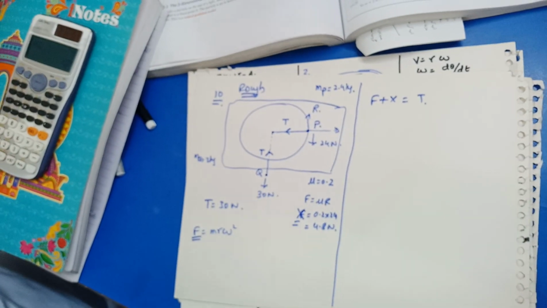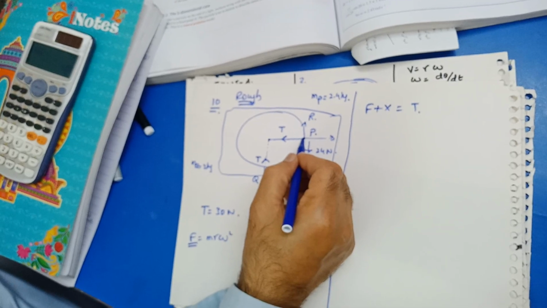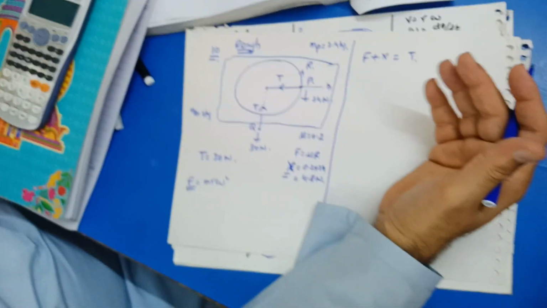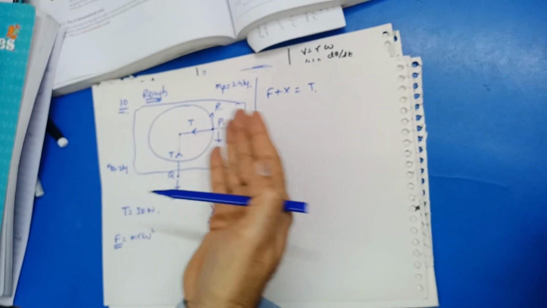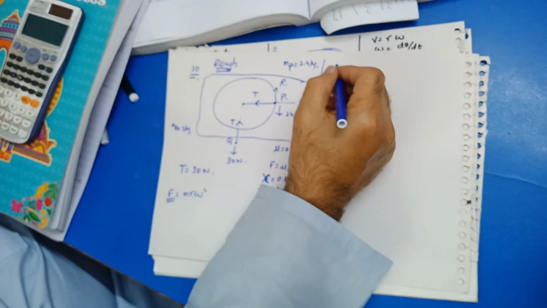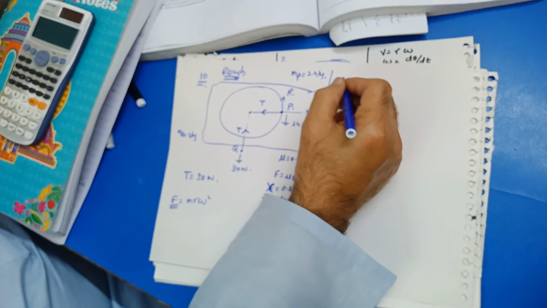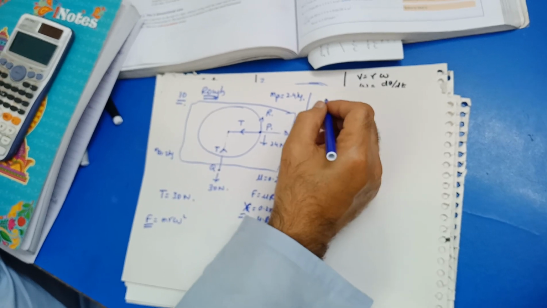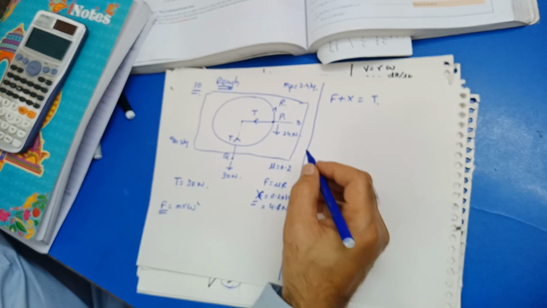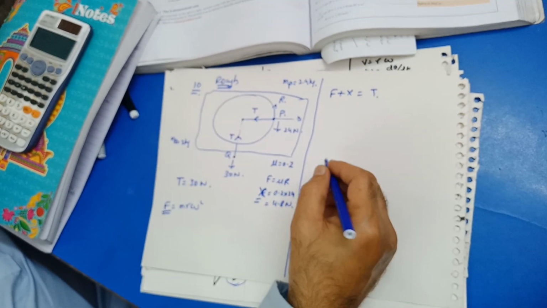And in the case when this particle P is about to move outside this circular path, this is the case when it is going to move inside because of this tension. Now if it moves very fast, then this F would obviously be increased. So now this frictional force works with the tension force to keep this moving in this circular path.